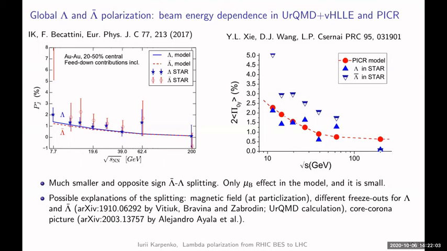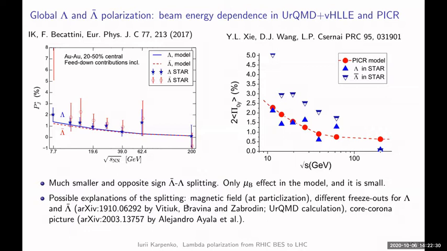What they saw is precisely what you said, that lambda and lambda bar freeze out in slightly different space-time regions, and they showed in this first preprint that those different freeze-out points cause different mean polarization of lambda and anti-lambda.